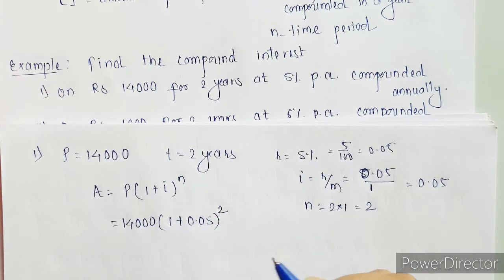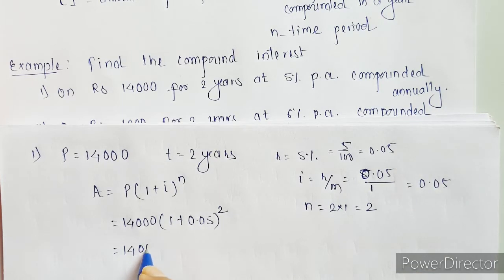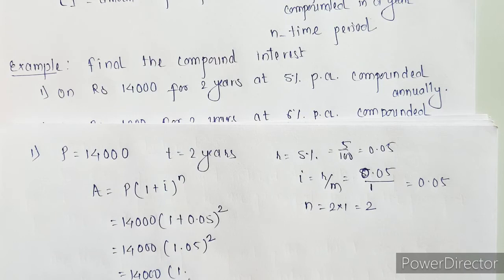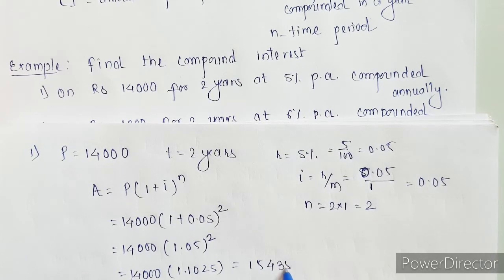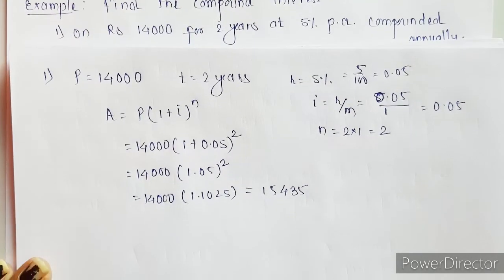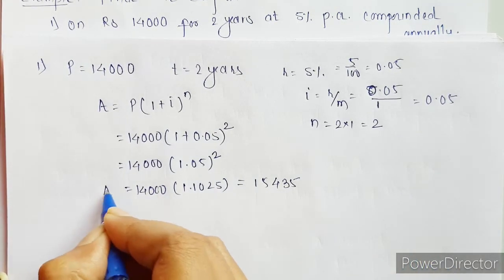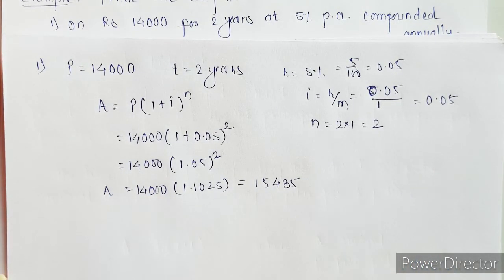So it will be squared. This is 14,000 into 1.05 squared, so 14,000 into 1.1025, and after multiplying we get 15,435. This is the amount after 2 years, but we are interested in compound interest.